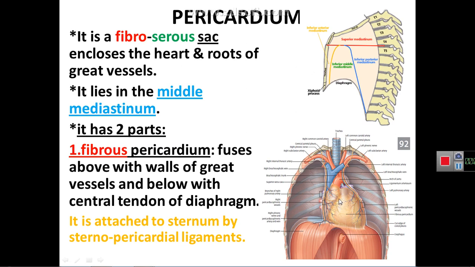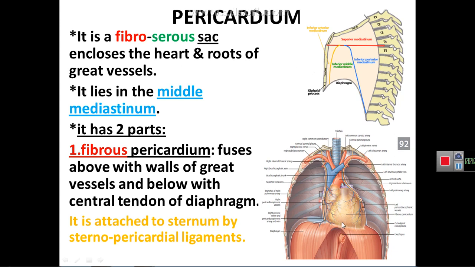This figure shows the outer fibrous pericardium, and you can see that this outer fibrous pericardium fuses with the root of great vessels, and this fusion occurs between the fibrous pericardium and the vessels superiorly, so that you cannot separate the vessels from the fibrous pericardium easily.